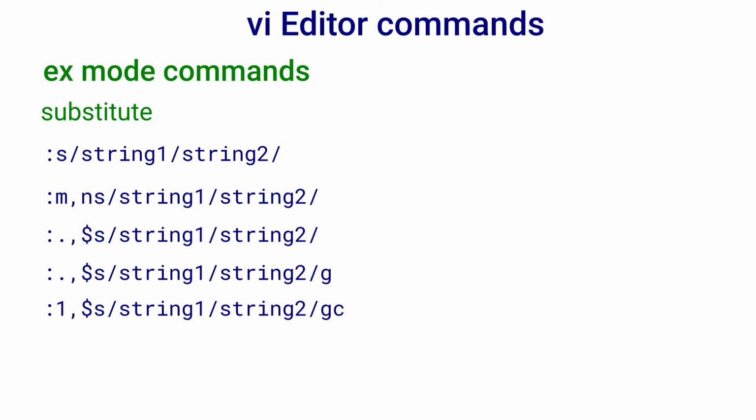And using the C modifier, we can replace string1 with string2 with confirmation from the user. To replace all occurrences of string1 with string2 in the entire file with confirmation from the user, we can say colon 1 comma dollar s slash string1 slash string2 slash gc.